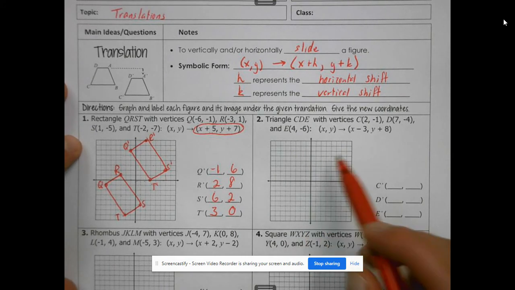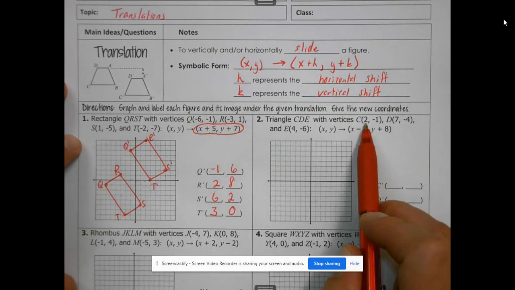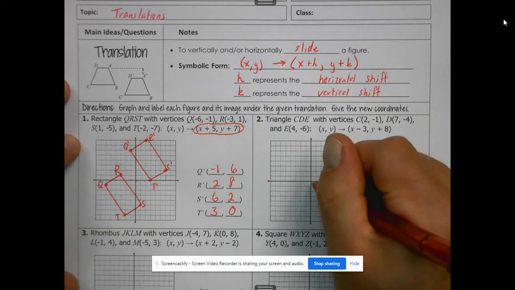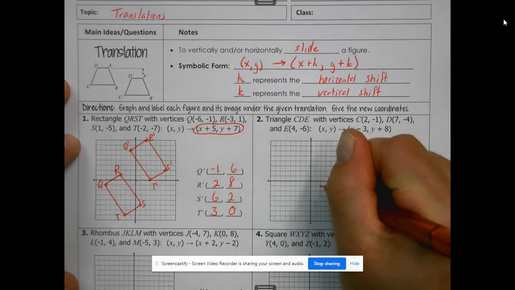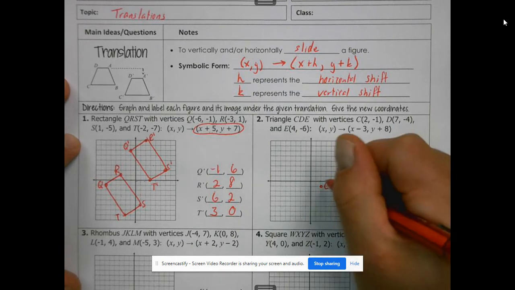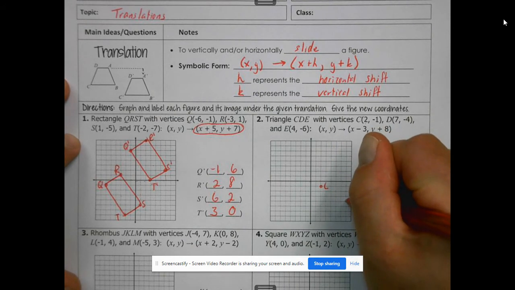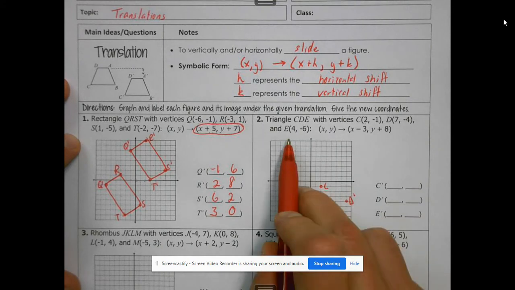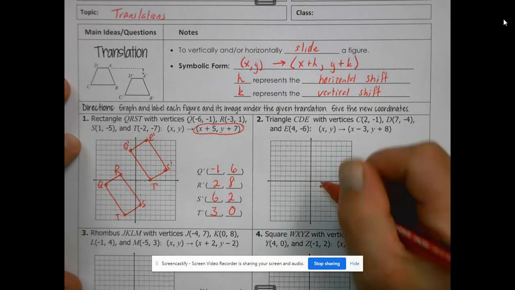Number 2, graph the originals, C, D, and E. C is over 2, down 1. D is over 7, down 4. E is over 4, down 6.